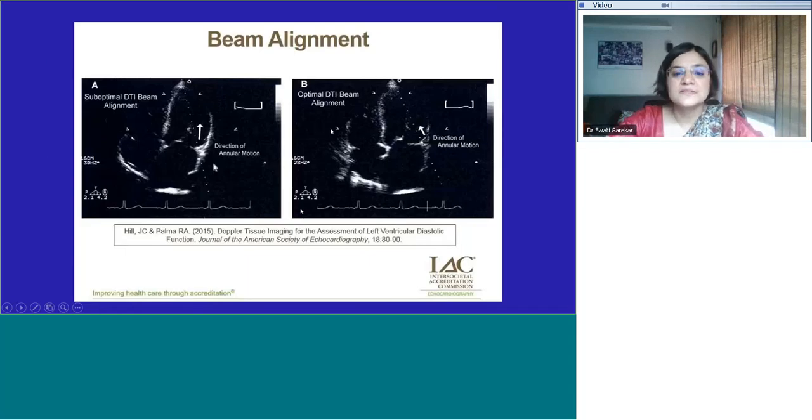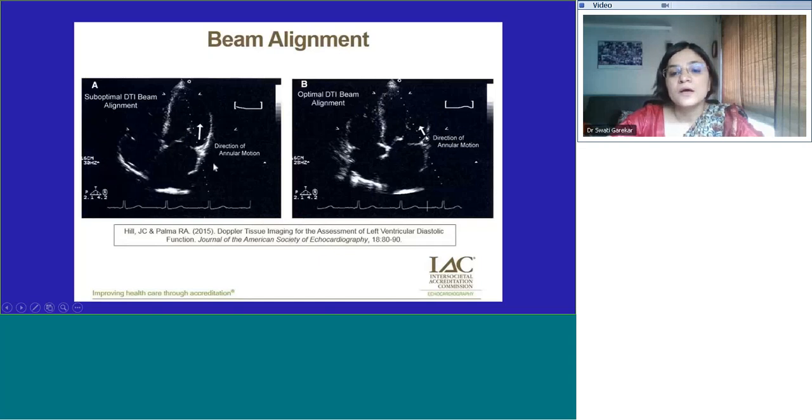Look at this. You know this is adult because it's got the heart inverted. So here A shows suboptimal DTI beam alignment. You've got your cursor here while the direction of annular motion is this way, so this is going to impact how your waves are.